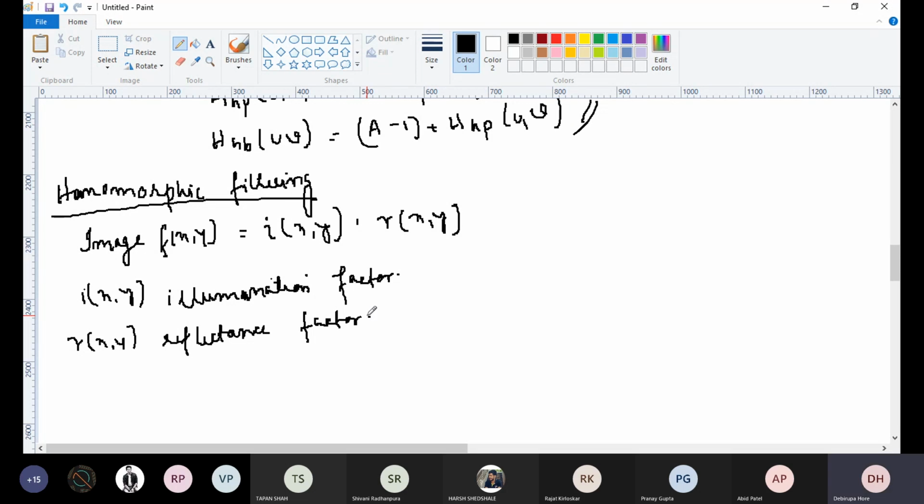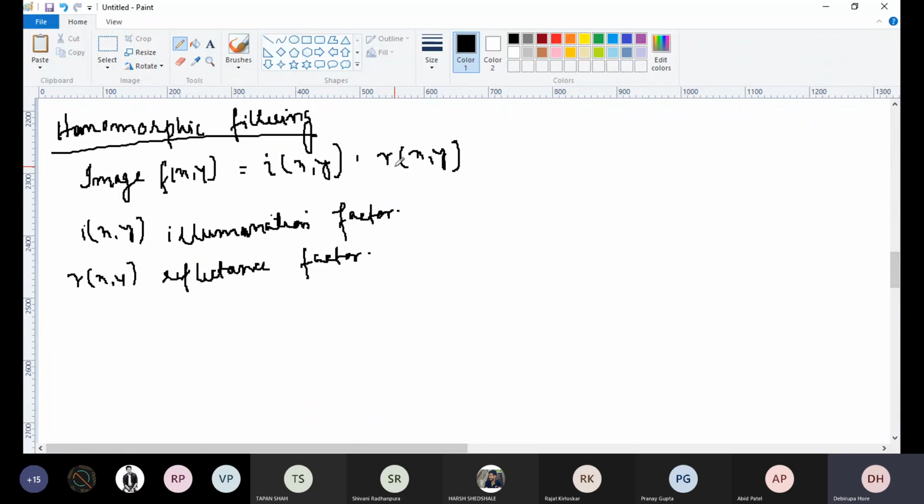This illumination and reflectance model can be used to develop the frequency domain procedure for improving the appearance of an image by simultaneous gray level range compression and contrast enhancement. We are going to use these two factors to enhance the image quality.